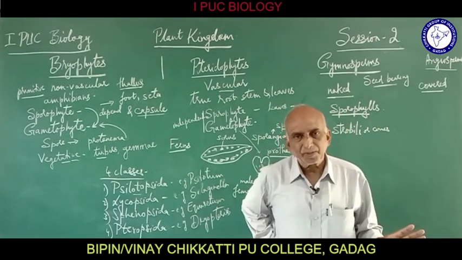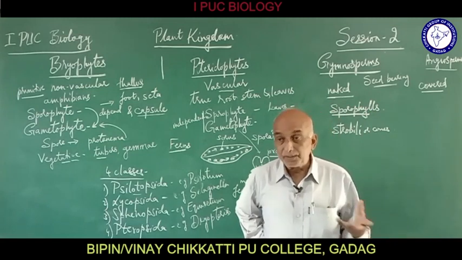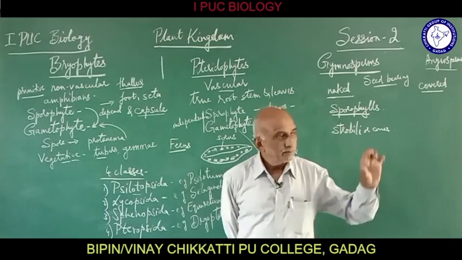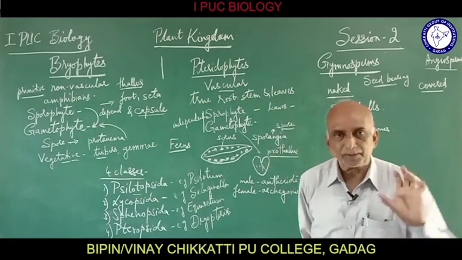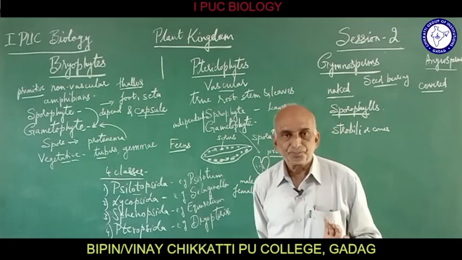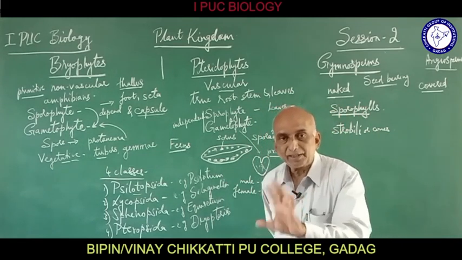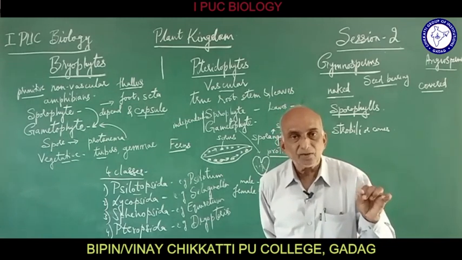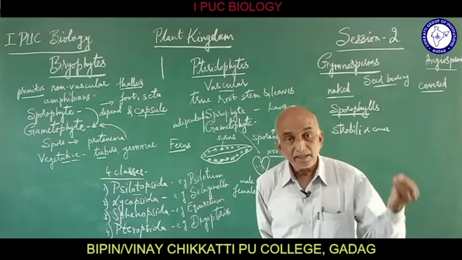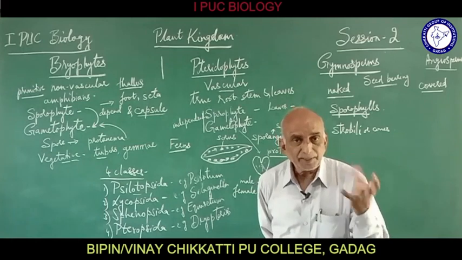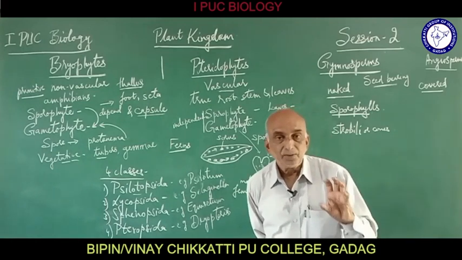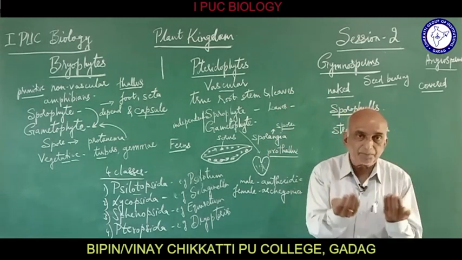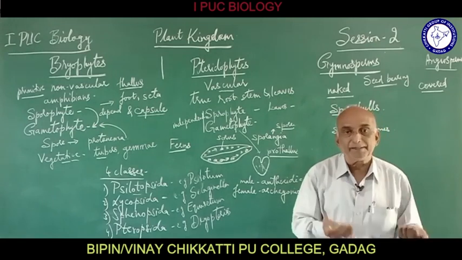Take any example: a groundnut plant, or any fruit like tomato, mango, brinjal or apple. We see that the seeds are not exposed; the seeds are enclosed inside. We can see the fruit wall outside and the seeds covered inside. So the seeds are covered by the fruit wall.